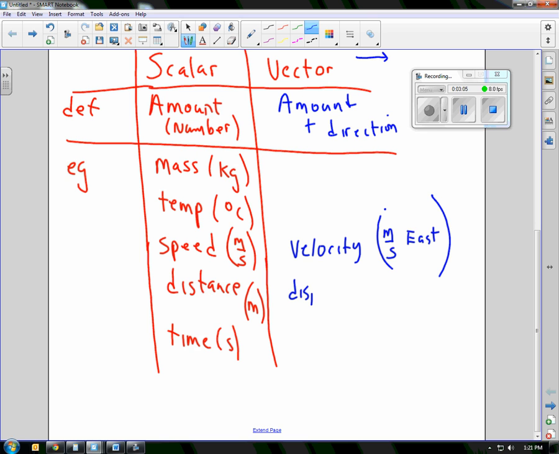Displacement, which we'll talk about in just a minute, is a vector quantity. Acceleration, which we'll talk about a little bit later this week, is a vector quantity. And so directions are attached to vector quantities. That's the big difference between those two things.